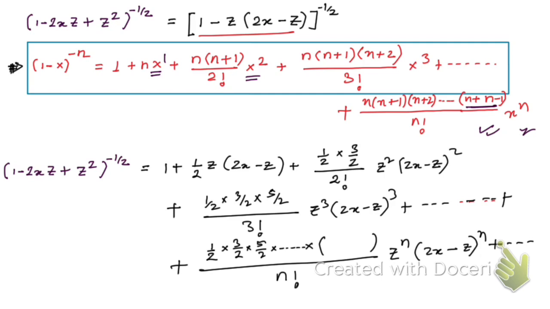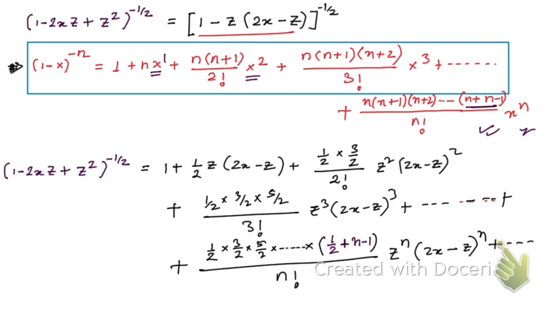N plus n minus 1, that means half plus half minus 1. Okay, we should get it that way. So here we should get half plus, as we have power n here, it's supposed to be half plus n minus 1, right? Half plus n minus 1.